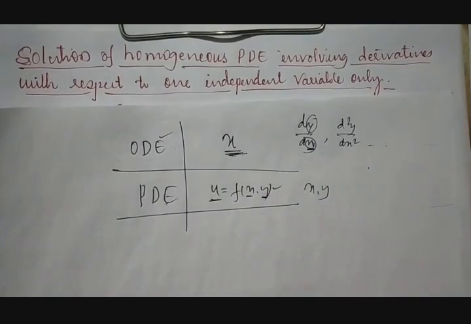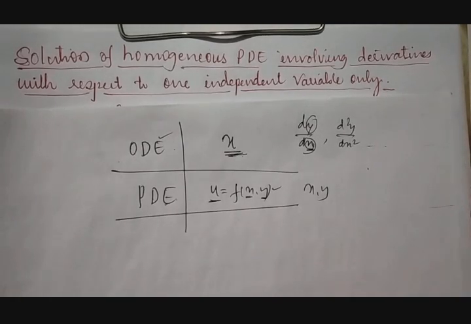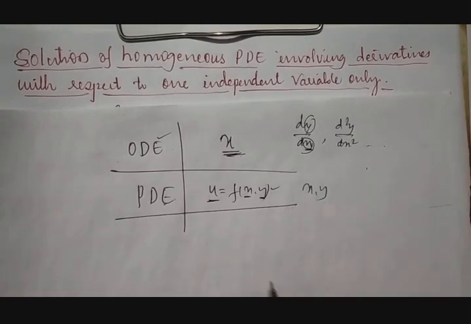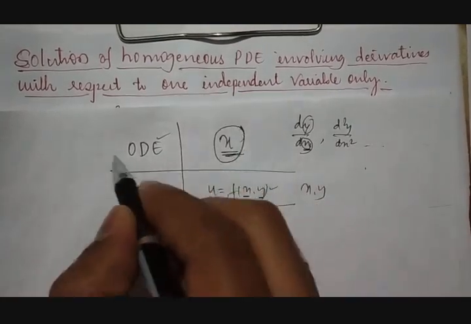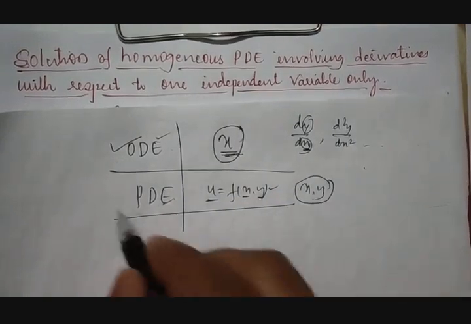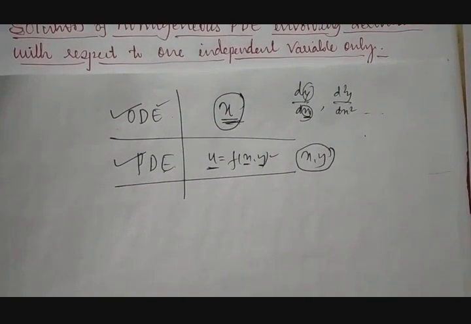When more than one variable is available, for example x and y, we need to make it very clear. An equation with a single variable is an ordinary differential equation. An equation with more than one variable is a partial differential equation. It's very much clear.